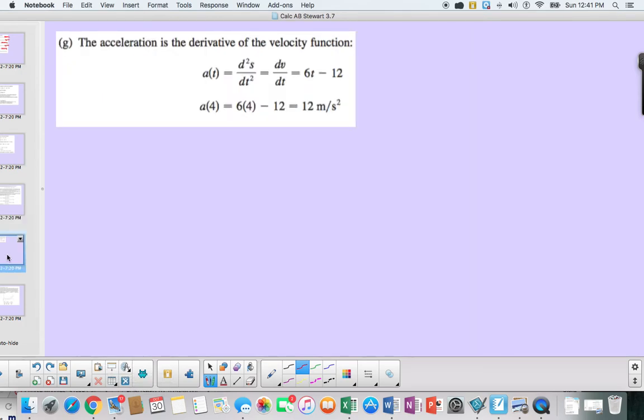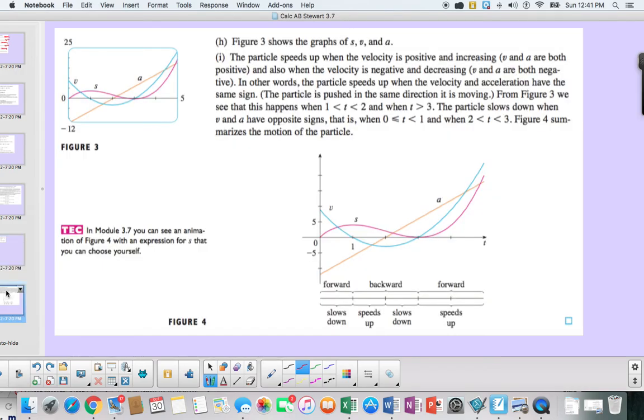Finding acceleration is the derivative of velocity, and looking at all the graphs and deciding when speed is increasing or whether it speeds up or slows down according to how you examine velocity and acceleration at the same time period.